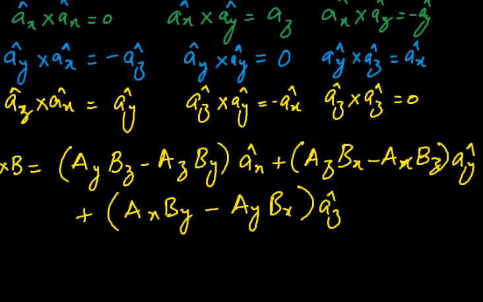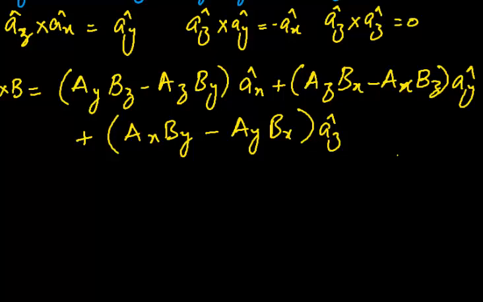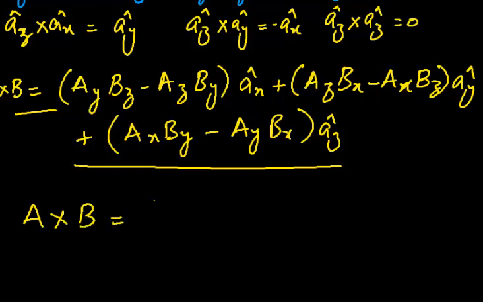And there is another nice way to make it in a compact form, and that is also easy to remember. You can simplify the whole equation by writing A cross B and then taking a determinant.